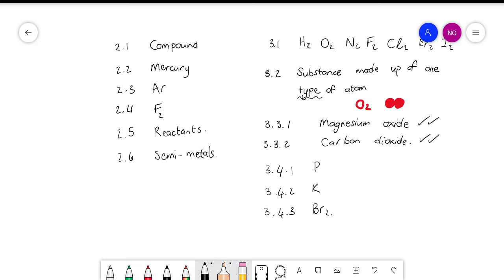Ma'am, if one word is wrong then both are wrong. No, it has to be dioxide. Okay, so you had to have the 2 there to get the mark. Not even a half a mark.